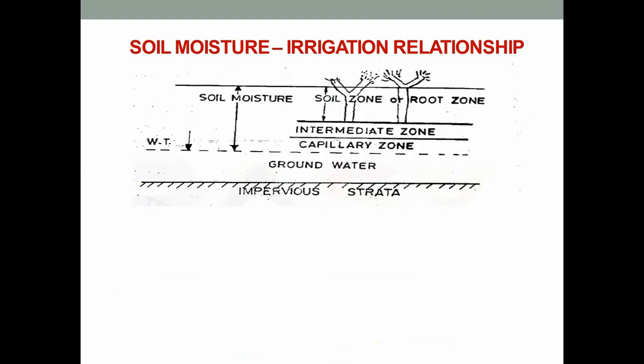So next we have finished types of soils and types of soil waters. Next we'll see soil moisture and irrigation relationship. Now before we see the points, we'll first discuss the diagram.